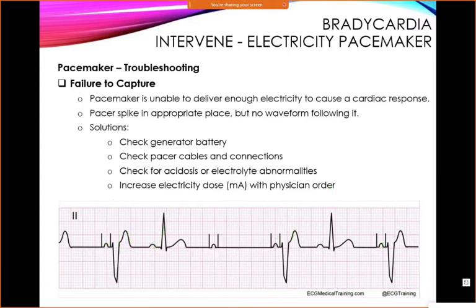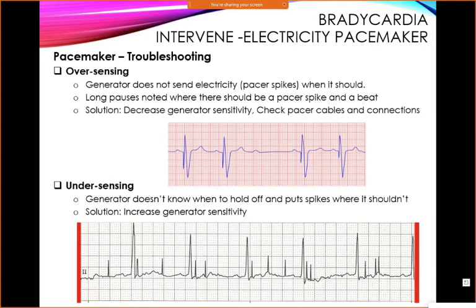The next thing that we have is sensing. Basically, pacemakers, like I said, are supposed to go unless they're told not to by the heart. So this one is, there's a pacemaker spike and there's a QRS. There's a pacemaker spike and a QRS.